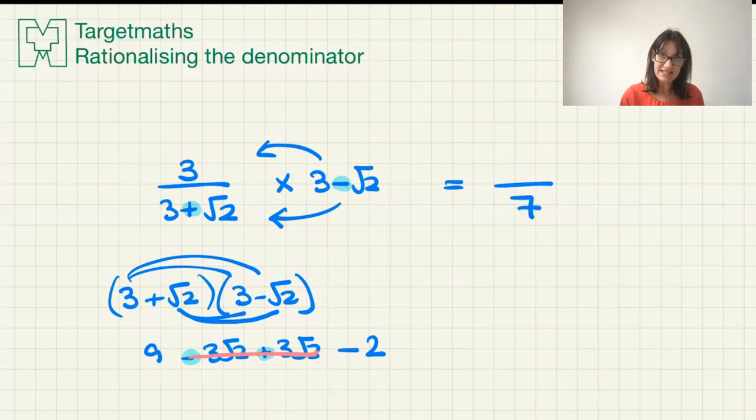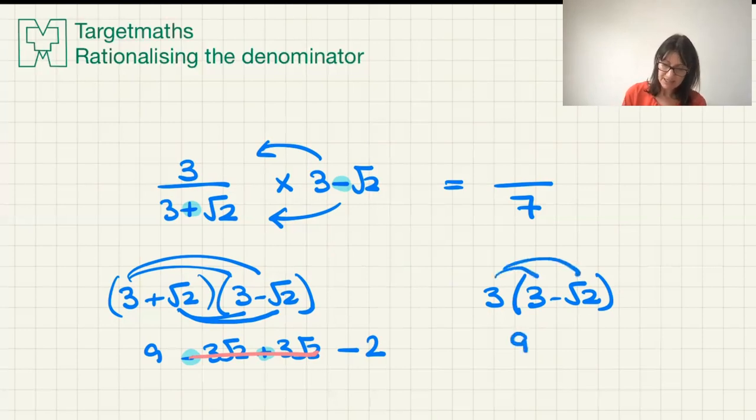Now I've got to consider the numerator. I've got 3 already there, and I want to times by all of 3 minus root 2. So I will stick that in a bracket so that I make sure I do everything properly. 3 times 3 is 9. 3 times negative root 2 is negative 3 root 2.